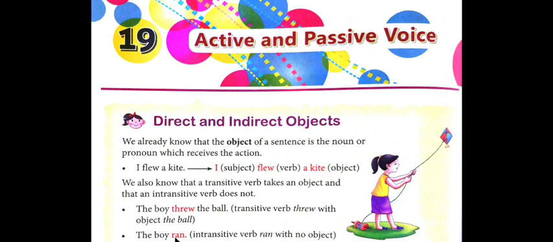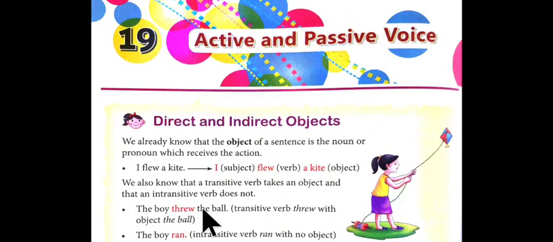So I think this concept is clear to you, students. What is transitive verb and what is intransitive verb? Transitive verb is a verb that is with an object. The boy threw the ball. Here the boy is subject, threw is verb, and the ball is object, because the ball is receiving action from the subject, the boy.